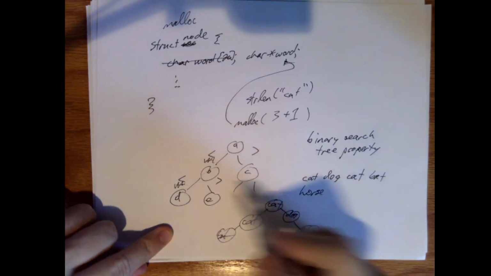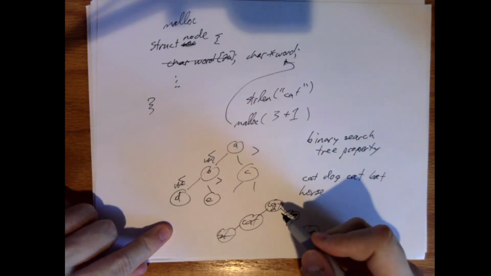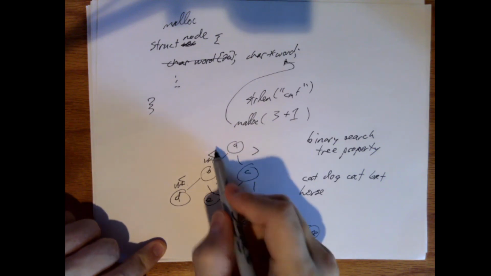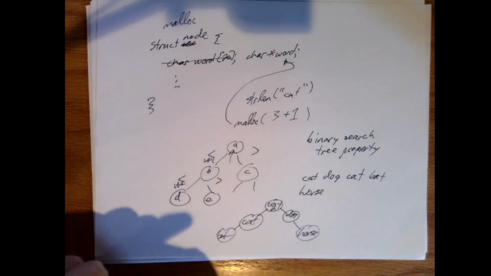But since I'm maintaining counts, I want this cat to actually be here and just update the count to 2. So that's why I'll have less thans, greater thans, but equals send you back to whatever the current node is that you're dealing with.